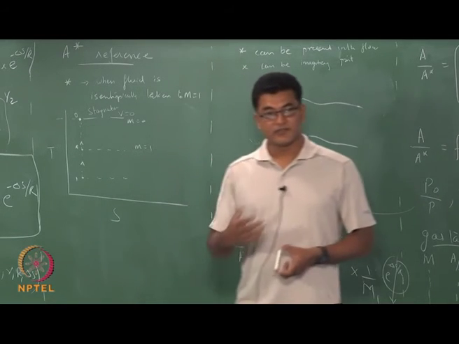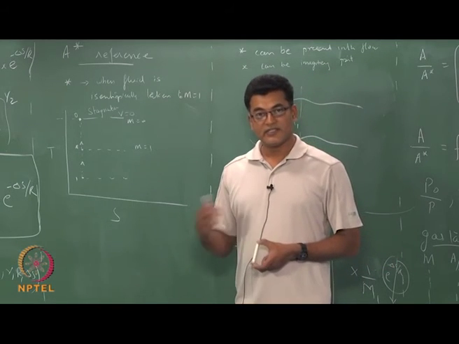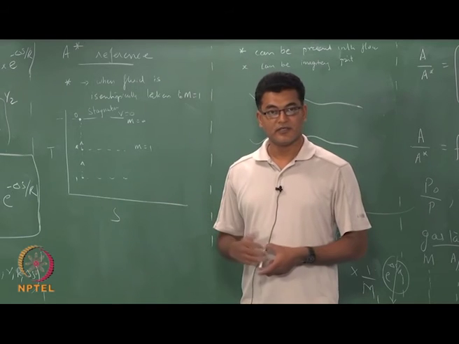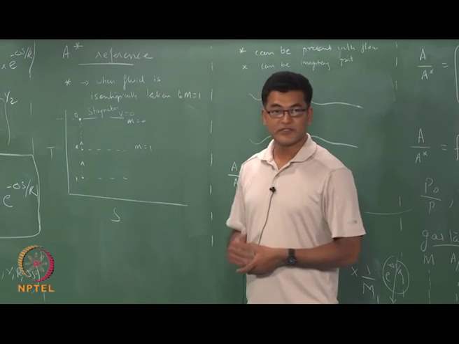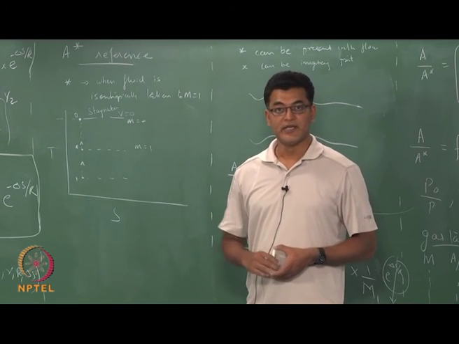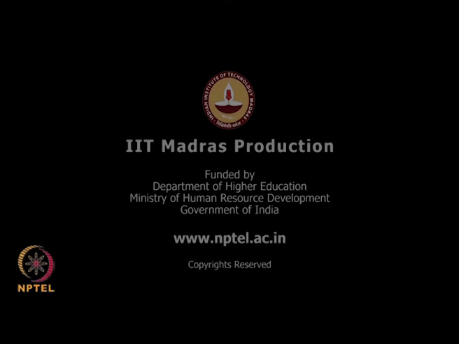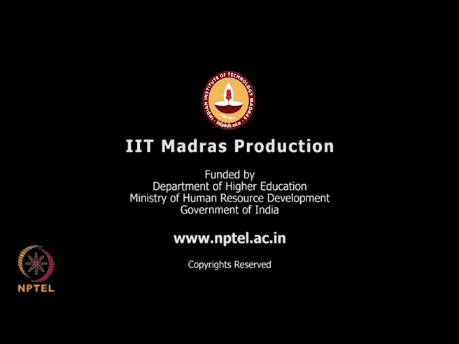This reference is similar to your stagnation reference. We will see in the next lecture further information on star conditions, how we can define the relation between T star, V star, P star and other things.